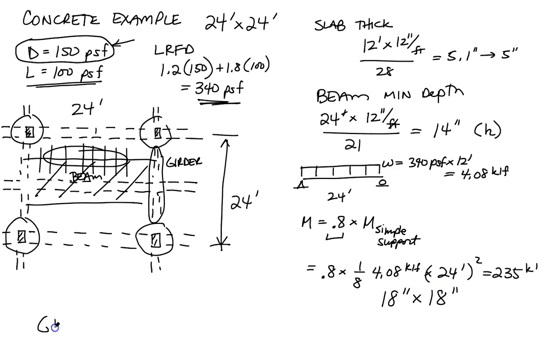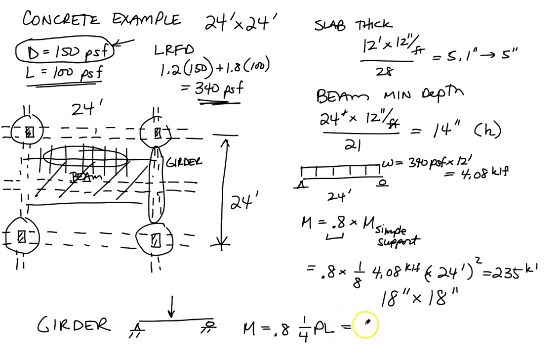We'll also size out the girder. That girder is going to be a different model, and so it's not exactly pinned, but it is going to be a single point load right in the middle. And so the M is going to be 0.8, and then the equation is 1/4 PL.